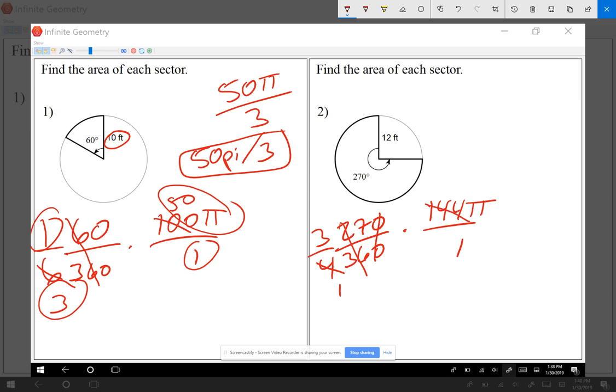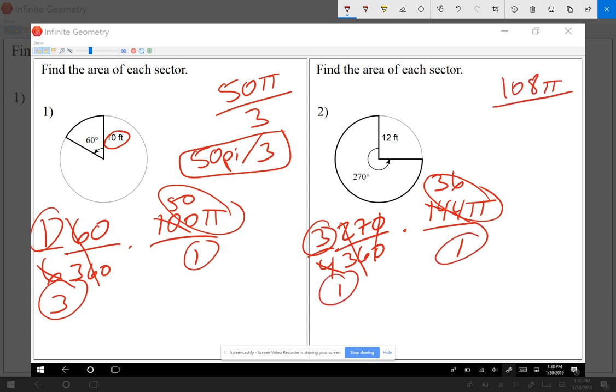So that's a 1. 144 divided by 4 gives me 36. So on the top, I have 3 times 36 pi. That is 108 pi. At the bottom, I have 1 times 1. But then 108 over 1, I'm just going to call that 108 pi.